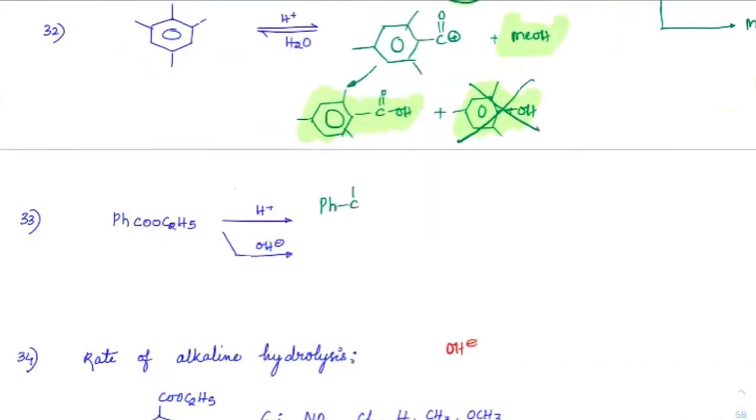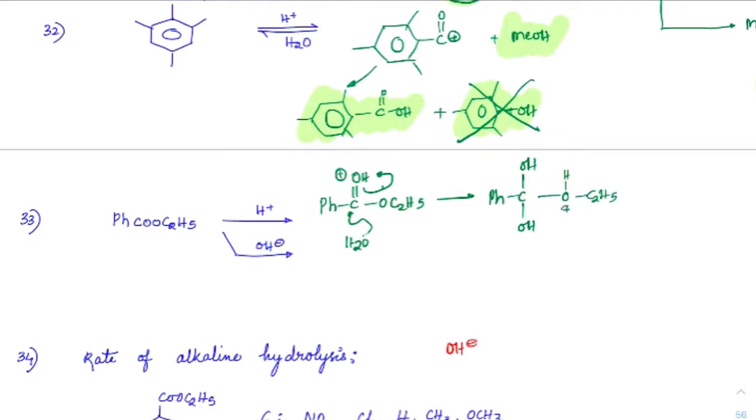Right. So we will have PhC double bond O here, right? And O, we have H plus here and C2H5. Now H2O will attack here first through SN2 mechanism. We'll get PhC(OH)OH, and this would be C2H5 plus, right?